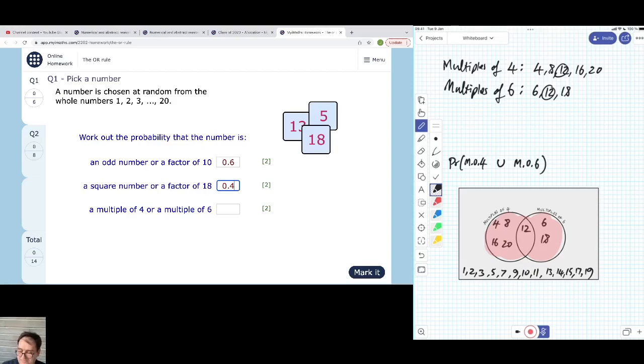This isn't really standard notation. Equals, so there's 1, 2, 3, 4, 5, 6, 7 of those. 7 out of 20. So 7 divided by 20 is 0.35. Let's mark that one. There we are.